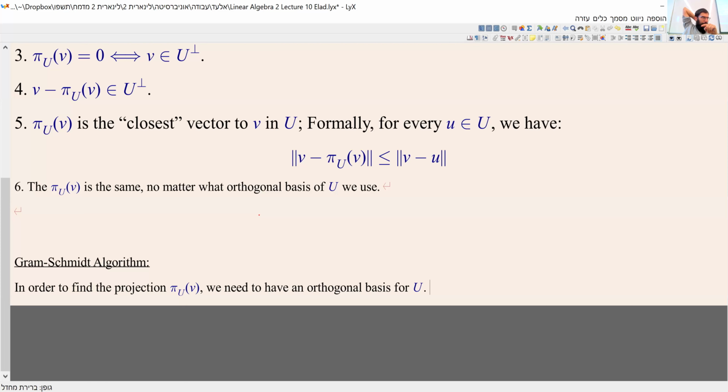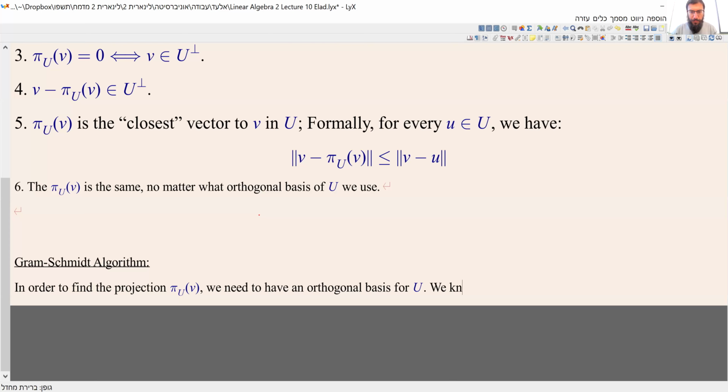But the projection isn't satisfied with just the basis. It needs an orthogonal basis. So the question is the following. Given a basis of U, how can we find an orthogonal basis to the same U using the vectors of the given basis, which is not necessarily orthogonal?